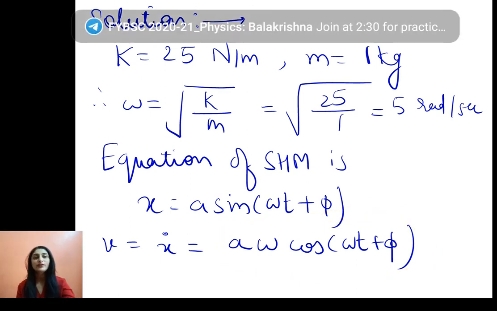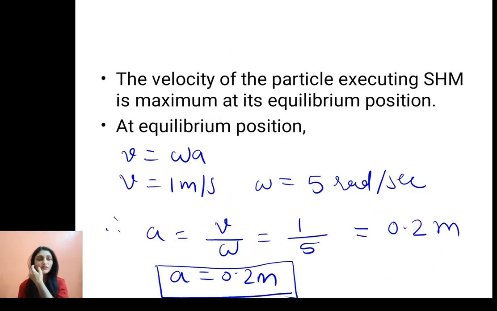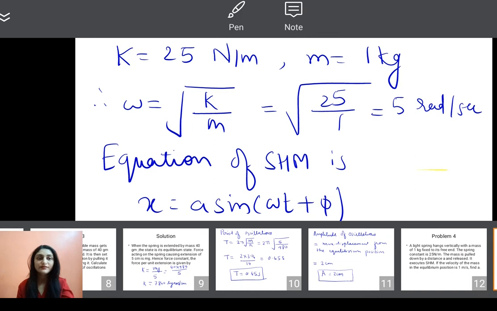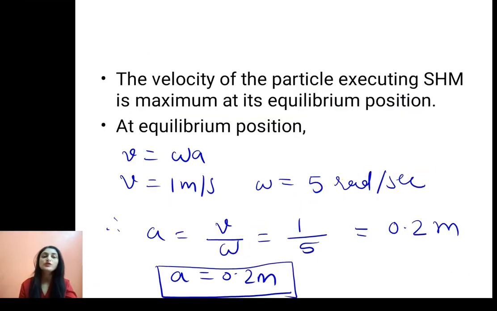The maximum velocity of a particle executing SHM is at its equilibrium position, so we can directly use V equals omega A. V is 1 meter per second, which is given, and omega we have calculated. So A equals V by omega, that is 1 by 5, which equals 0.2 meters. So the maximum displacement, that is the amplitude, comes to around 0.2 meters.